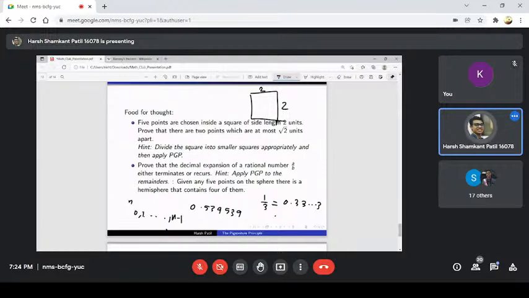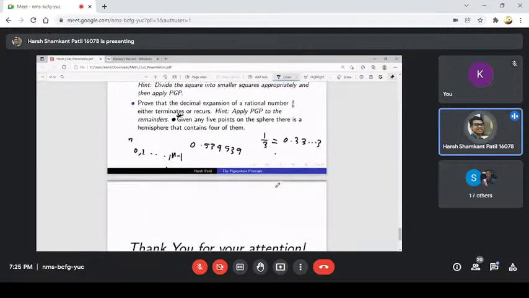This is actually a third homework problem for all of you. Third exercise: given any 5 points on a sphere, there is a hemisphere that contains 4 of them. By hemisphere here I mean that it doesn't have to be the northern or the southern hemisphere.